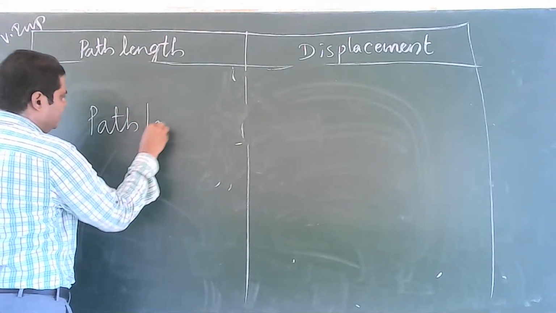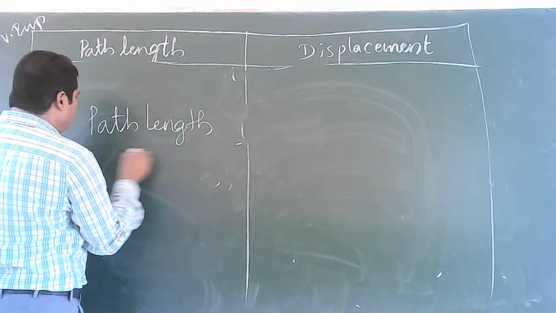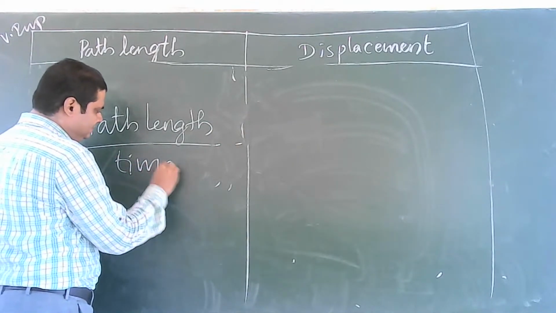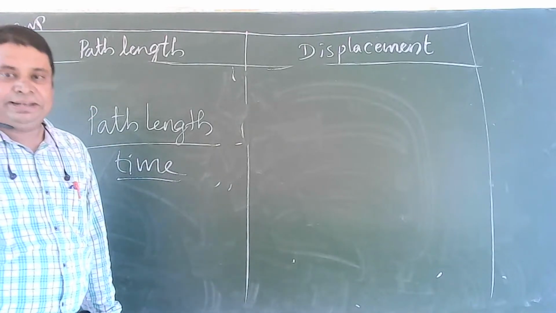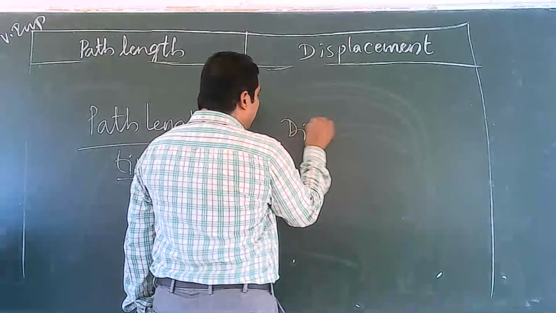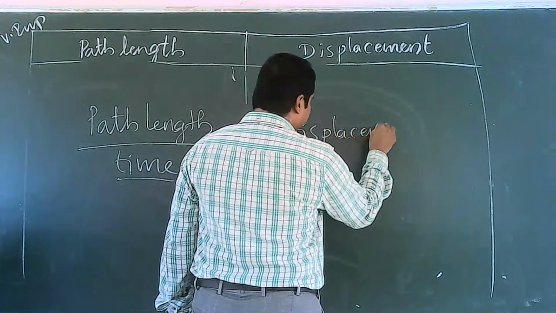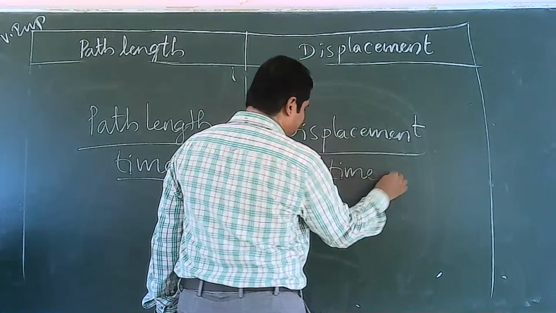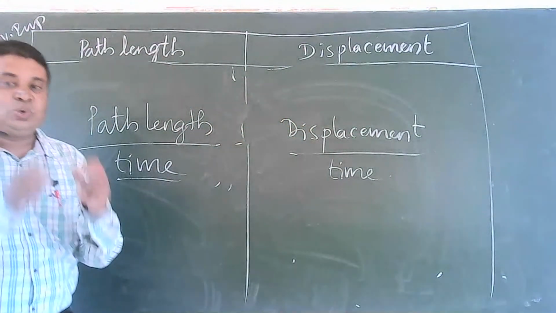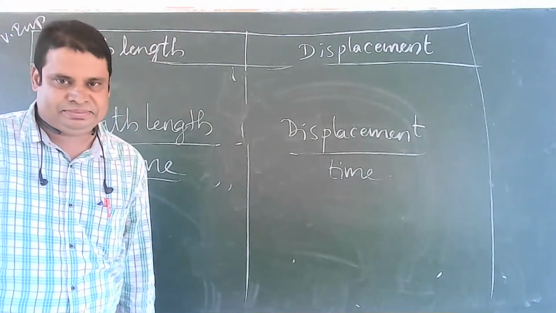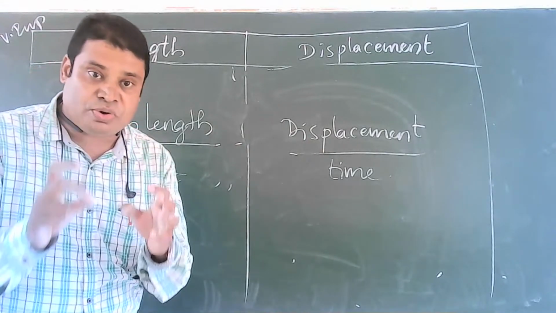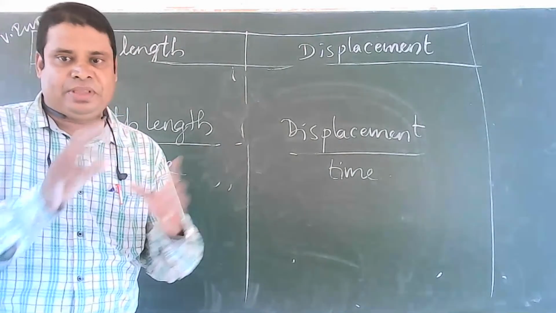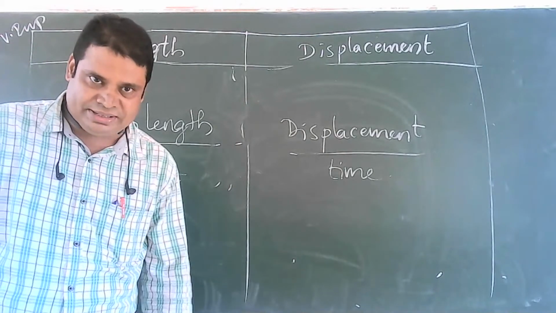Imagine you are dividing your path length by time taken, and you are dividing your displacement by time, then two more physical quantities you get. Two more physical quantities which you are familiar with from your high school days.